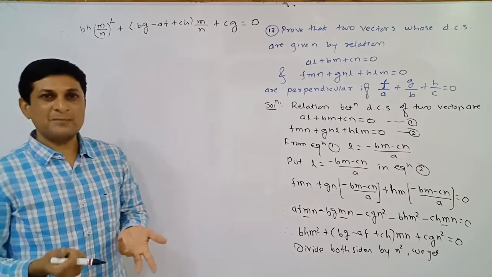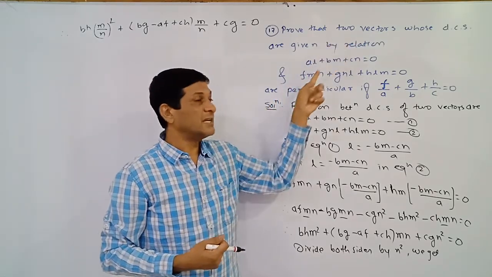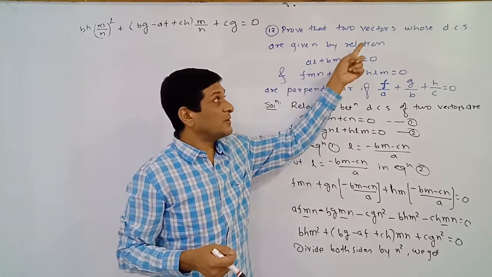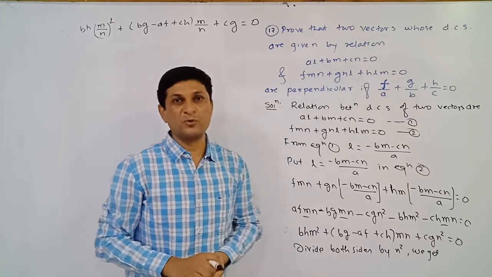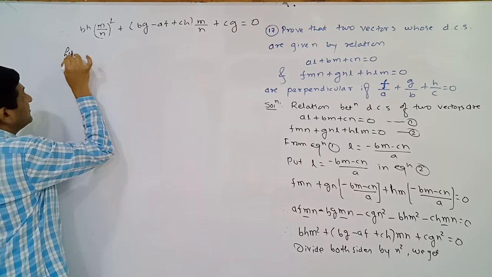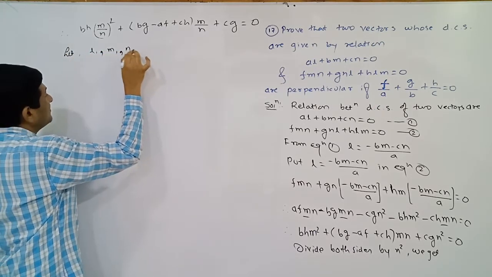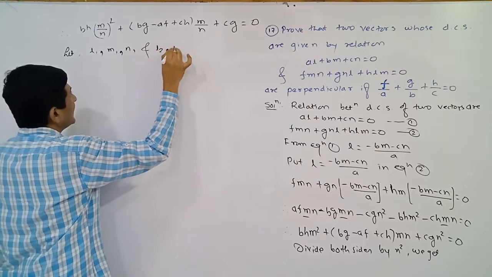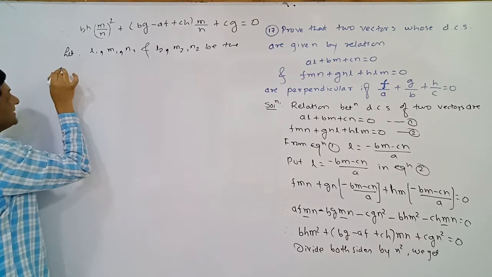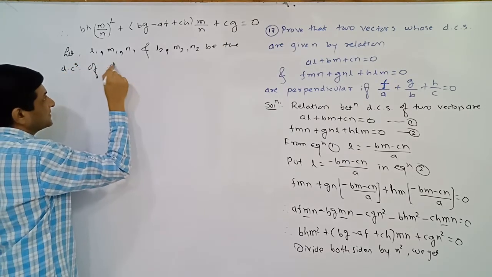What are these L, M, N? They are direction cosines. Direction cosines of how many vectors? 2 vectors. So by solving this equation, we are getting direction cosines of 2 vectors. So let L1, M1, N1 and L2, M2, N2 be the direction cosines of the 2 vectors.